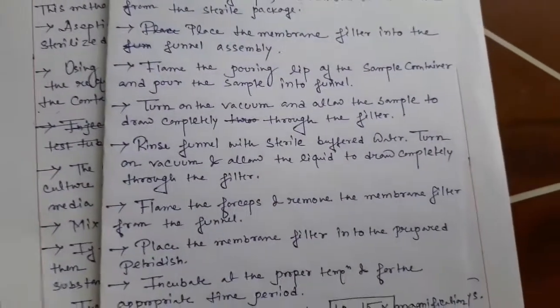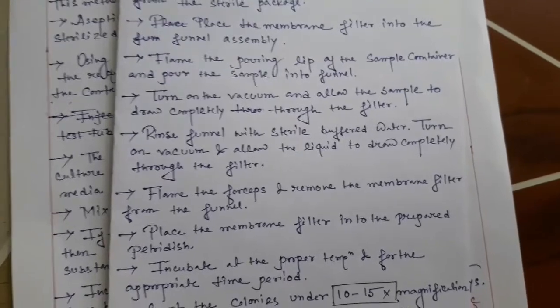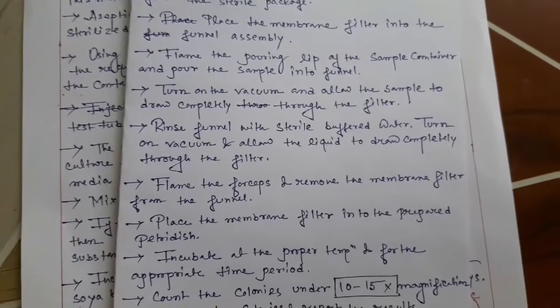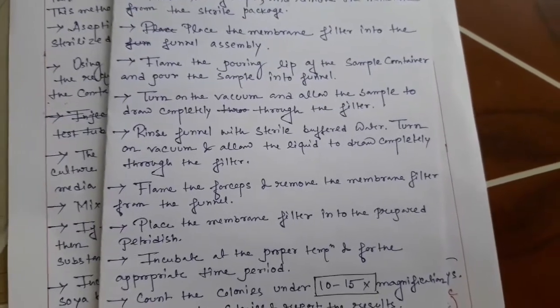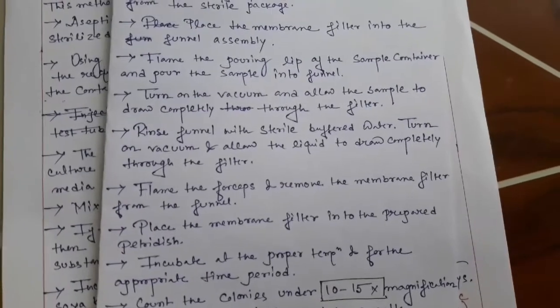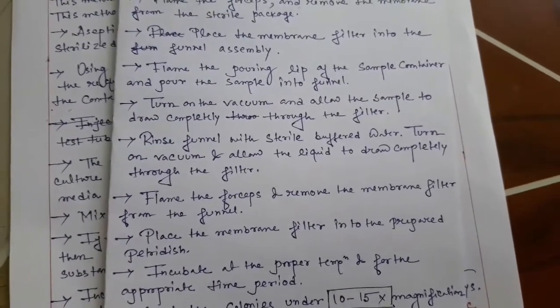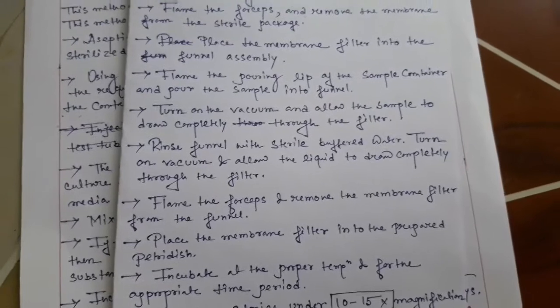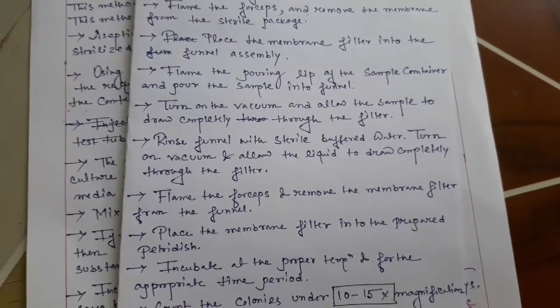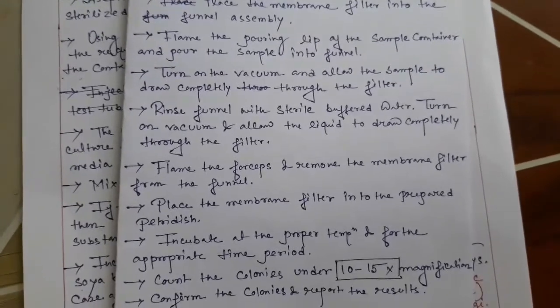After that, turn on the vacuum and allow the sample to draw completely through the filter. Rinse the funnel with sterile buffered water, turn on the vacuum, and allow the liquid to draw completely through the filter. Next, flame the forceps and remove the membrane filter from the funnel.